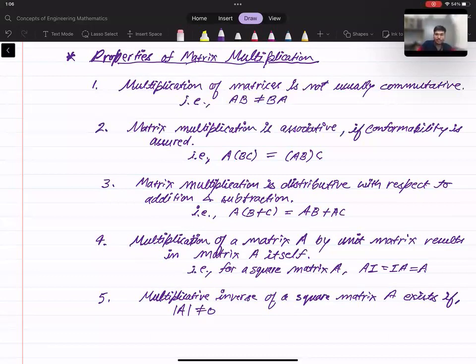We will see why it is so, but for now, this is the property.